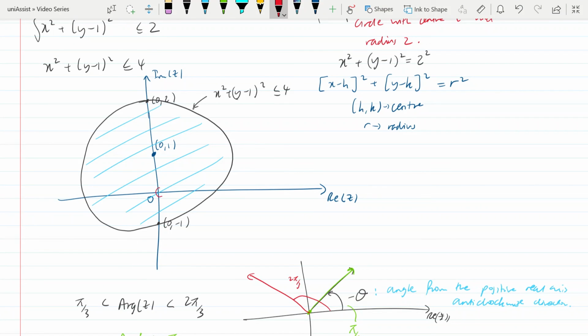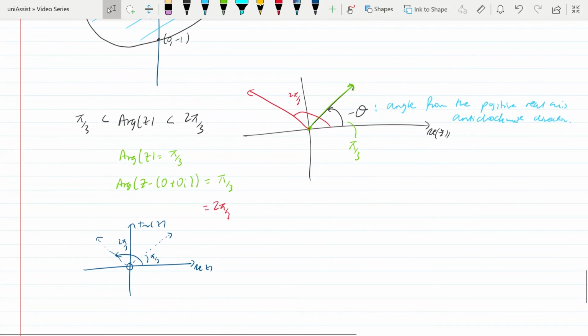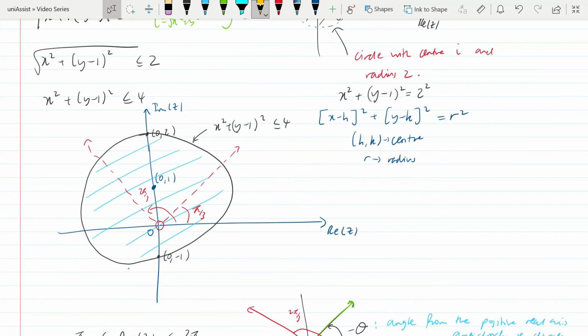So we're going to have this angle of, oops, should be dotted, pi on 3, and this one will be 2 pi on 3. And our final answer will be the region that satisfies both. Recall that for this one we wanted everything between the two, so it would have been this region here, and in this case I'll use a different color.